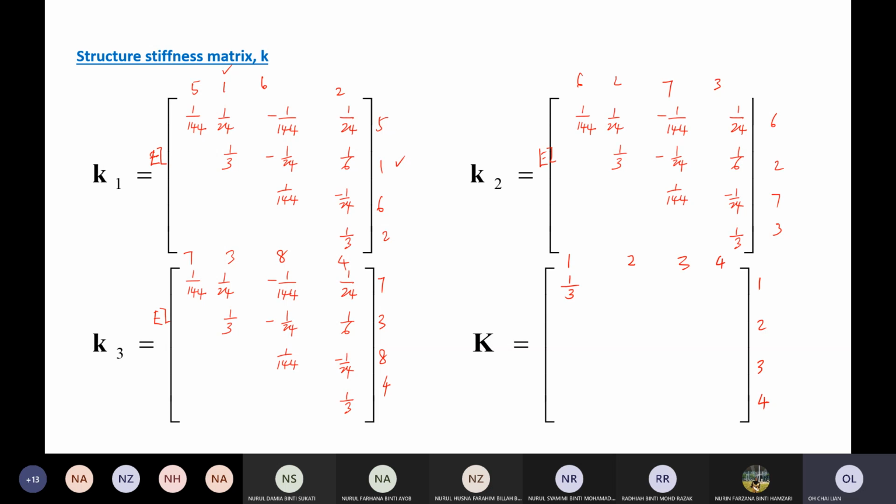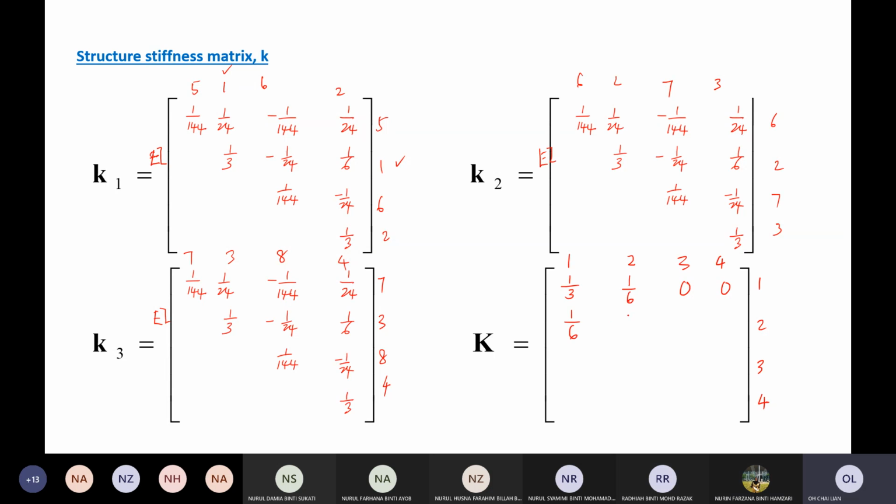Have you completed? Can you give me this K12 value? 1/6. K13 value, 0. K14, 0. K21, 1/6.